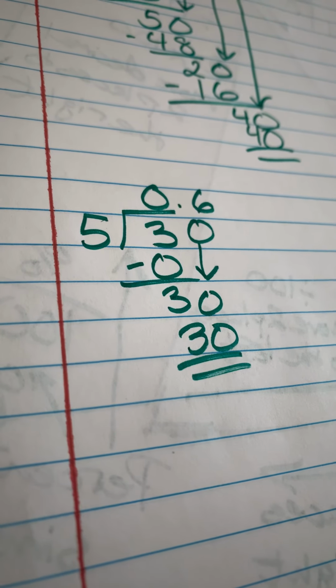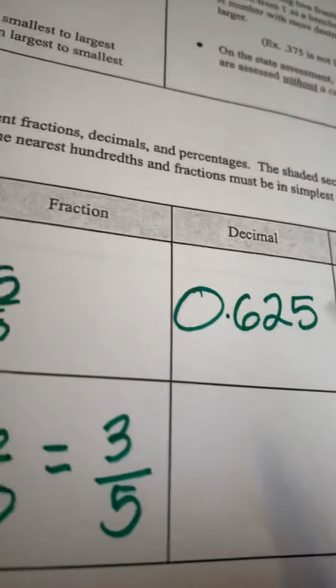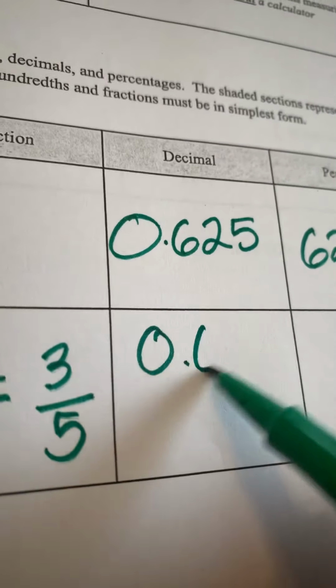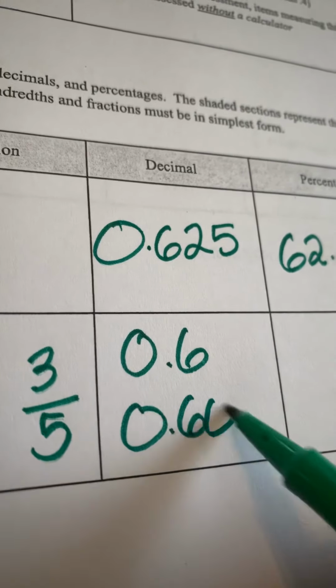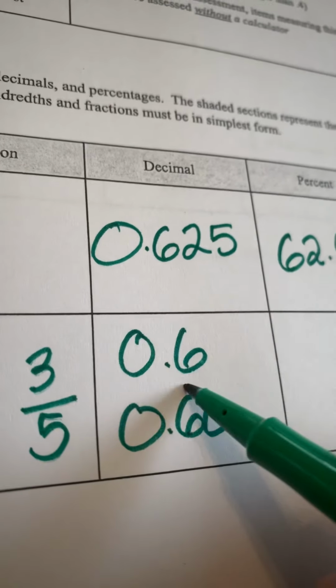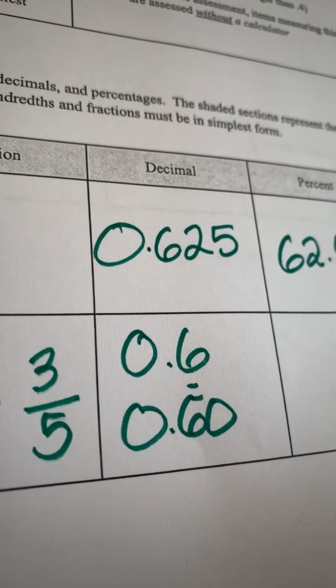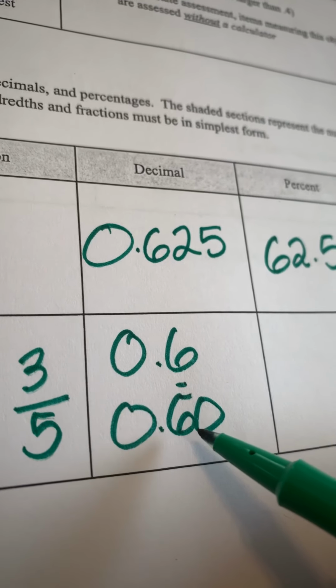And I'm done. Okay? So I end up with 0.6, or 6/10. I can also write that as 60 hundredths. Okay? Because both of these are equivalent. 6/10 is the same as 60 hundredths.